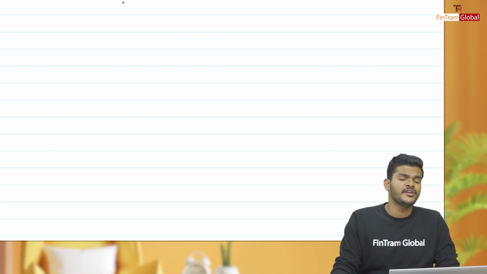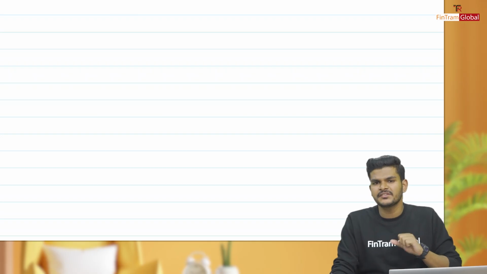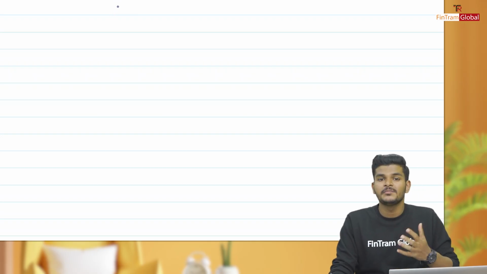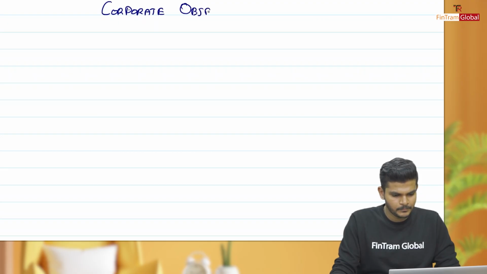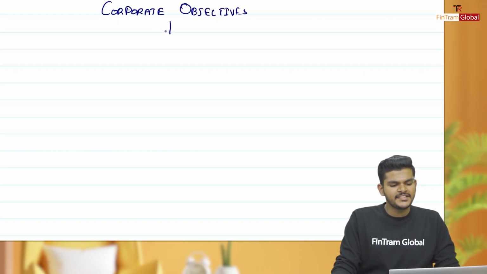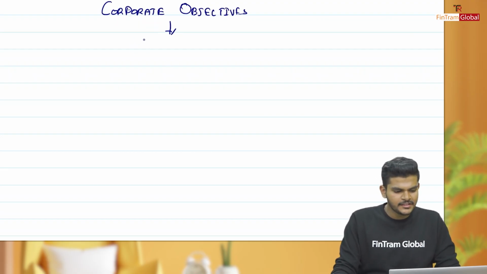First of all, every business organization would have certain objectives, and we call it the corporate objectives. In order to achieve these corporate objectives, we have to take a course of action, and this course of action is known as strategy.